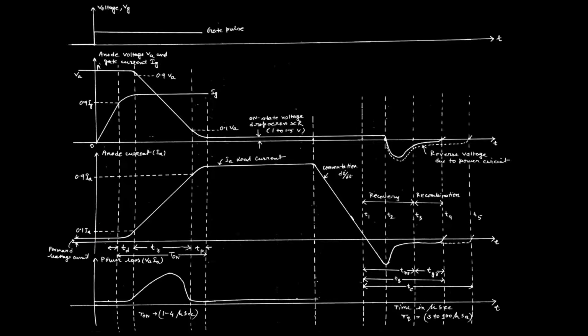This axis is for anode current Ia, and this is for the power loss.